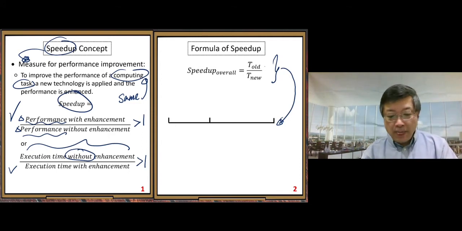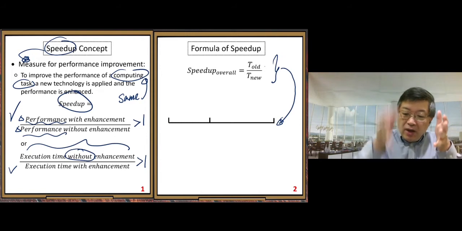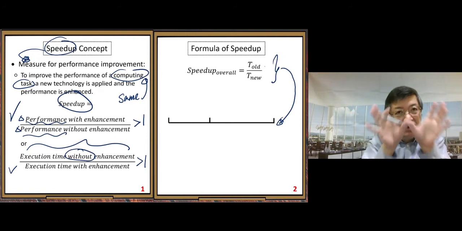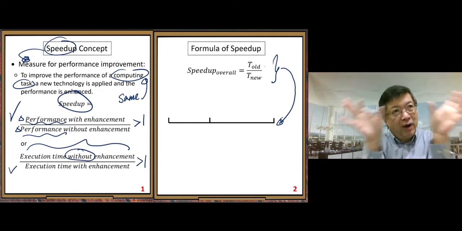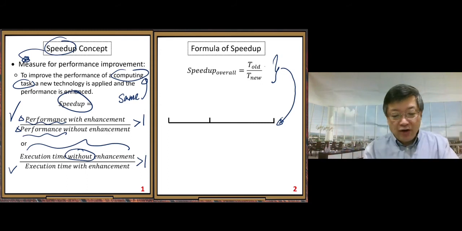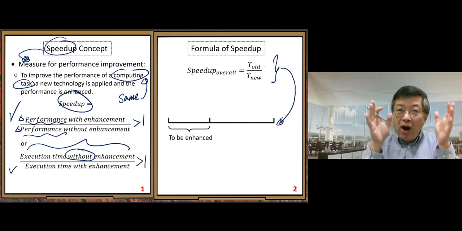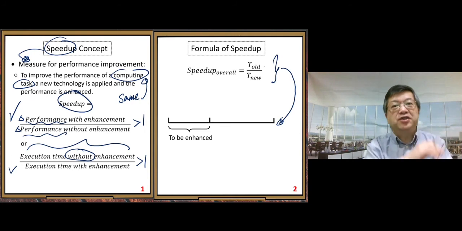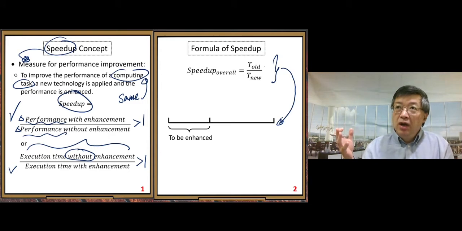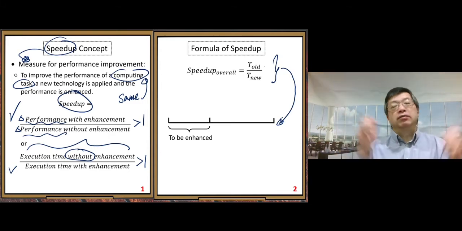All right. Then we split a typical computing task into two parts. The first part is the part that can be enhanced. Because in a typical situation, we cannot enhance the whole part.